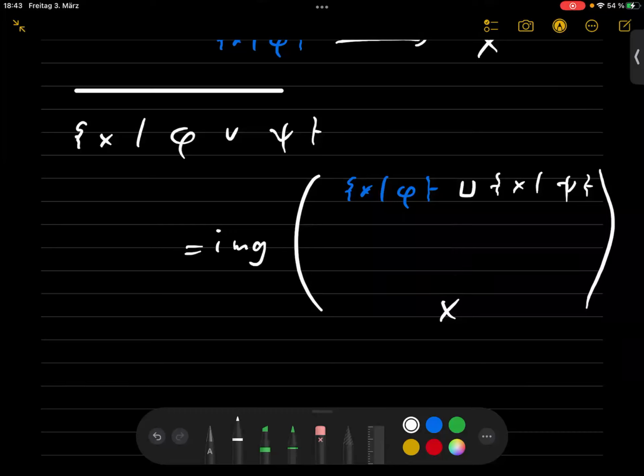And maybe on both parts, you can consider the corresponding morphism. This defines something incomplete.